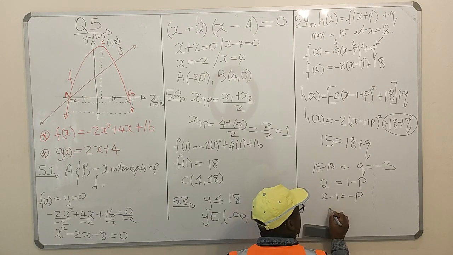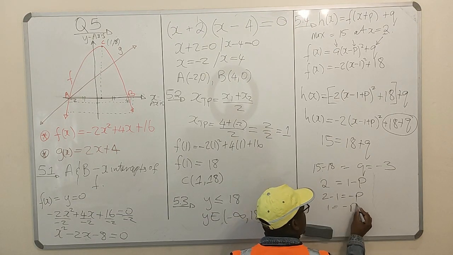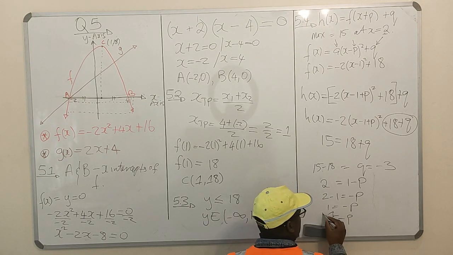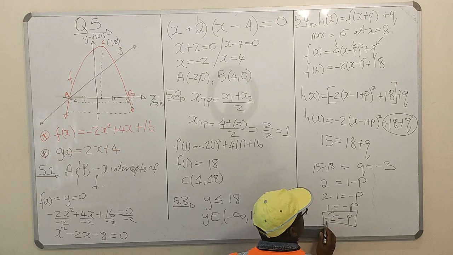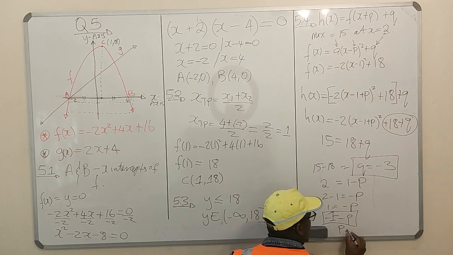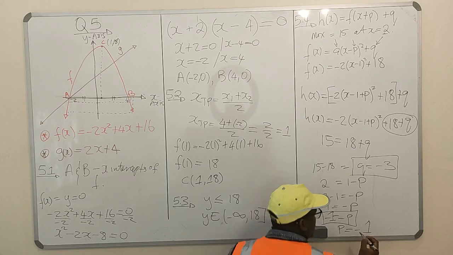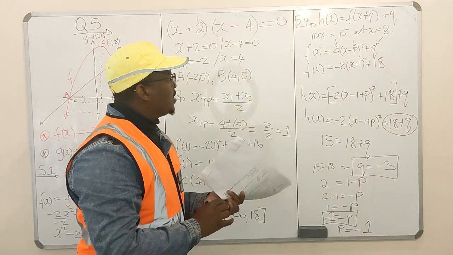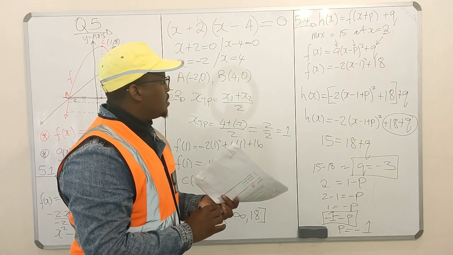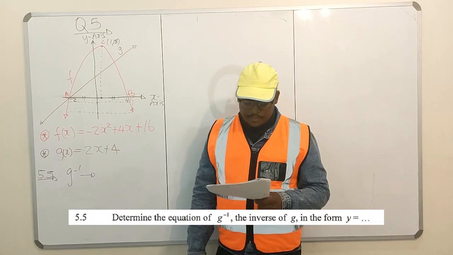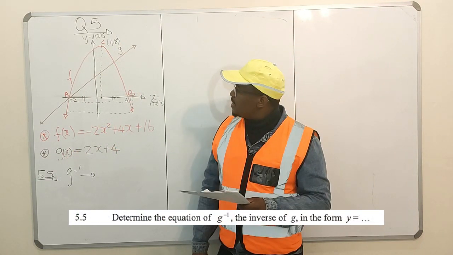So you get that 1 is equal to minus p, which is p is equal to minus 1. So we have q equal to minus 3 and p is equal to minus 1. Those are the values of p and q. Okay, so now just clean the board.